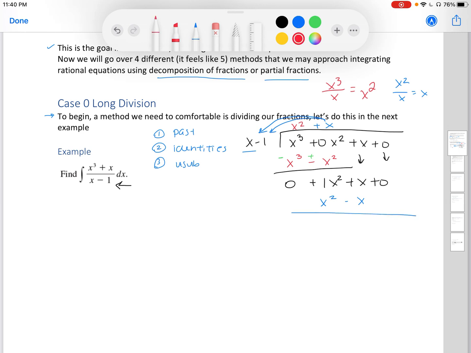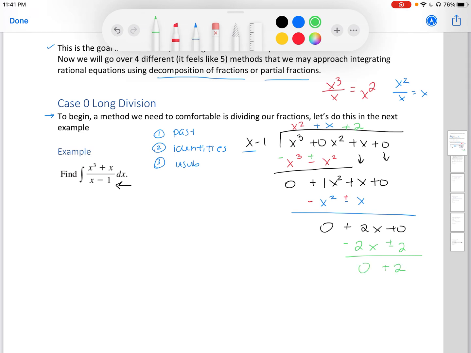We change the signs. And we get 2x. Let's divide again. We get 2x divided by x, we get 2. And we're left with 2x minus 2. We change the signs, and we're left with a 2.